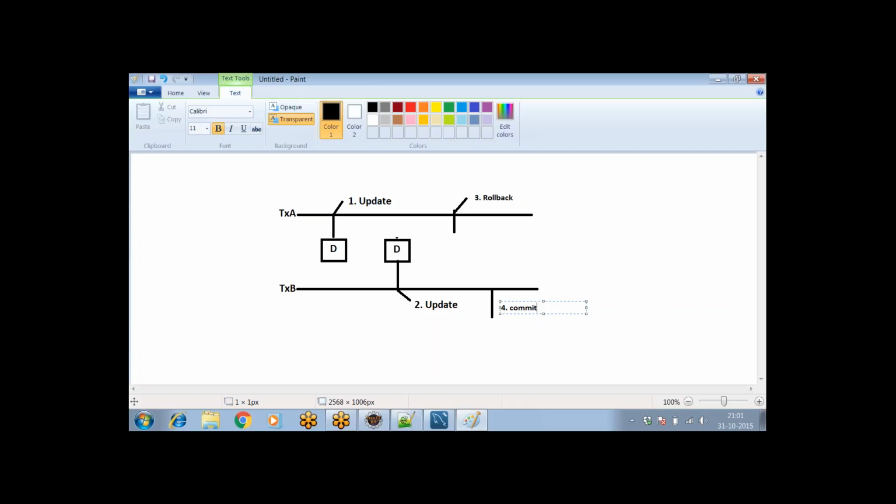After that, transaction B is trying to commit. It wants to commit the transaction. But before this transaction commits, the first transaction has already done a rollback. That means the changes done by B are lost now.